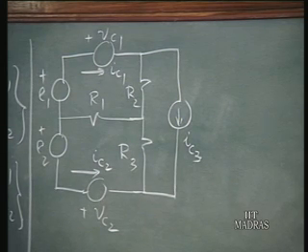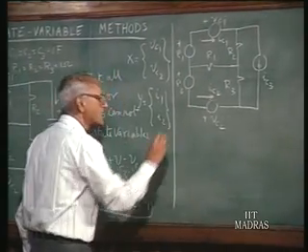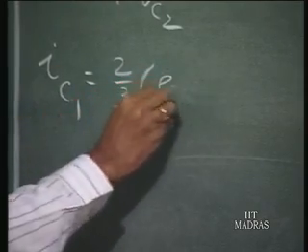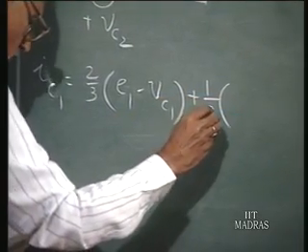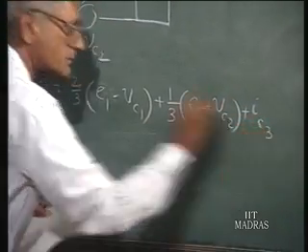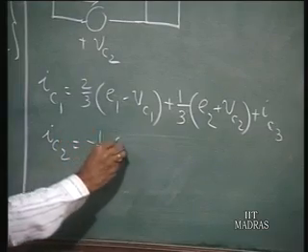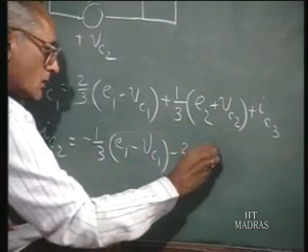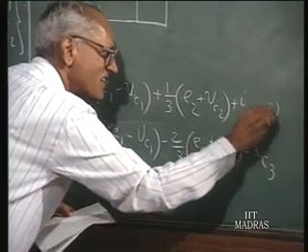We express IC1 and IC2 in the usual fashion, and if you analyze this, you will find that IC1 equals 2/3 of E1 minus Vc1, plus 1/3 of E2 plus Vc2, plus IC3, and likewise IC2 can be shown to be minus 1/3 of E1 minus Vc1, minus 2/3 of E2 plus Vc2, minus IC3. Let us call this equation A, and this equation B.